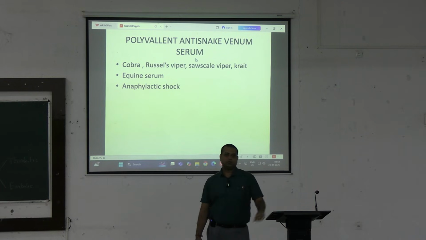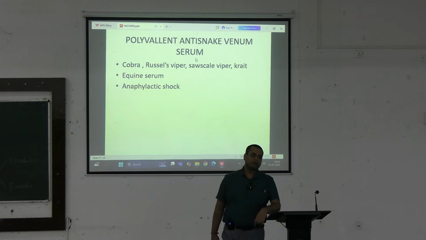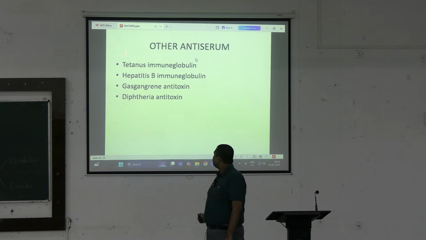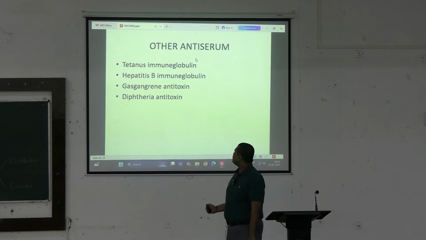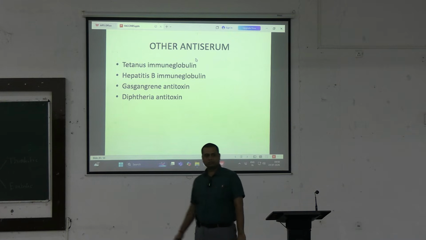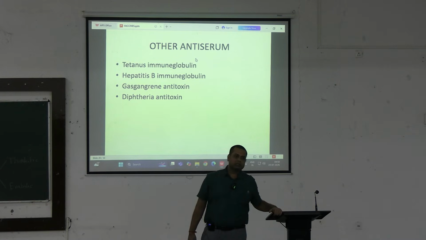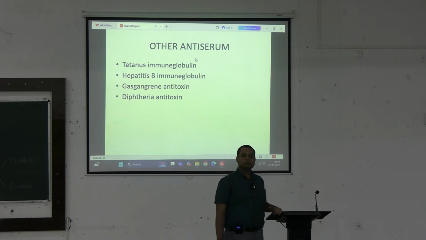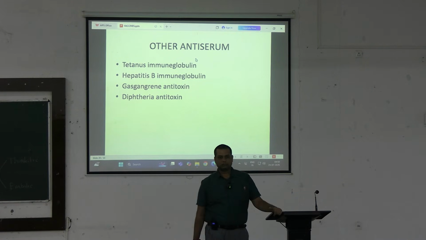Anaphylaxis, because it is derived from horse. Okay, other antiserum: tetanus immunoglobulin, hepatitis B immunoglobulin, gas gangrene antitoxin, diphtheria antitoxin. So these are all immunoglobulin obtained from some animal which has been immunized by the toxin.